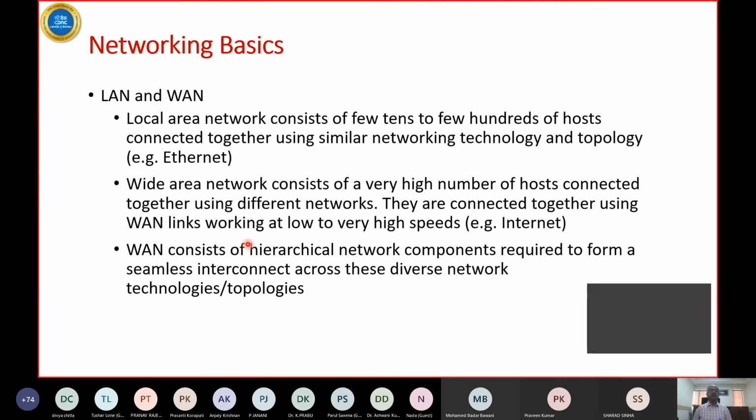As the name suggests, you have a limited distance and the number of nodes is also small, let's say a few hundred. Ethernet will be used to connect a LAN, and I think maybe 99 percent of local area networks used in the world today would be Ethernet. That's the popularity of Ethernet.